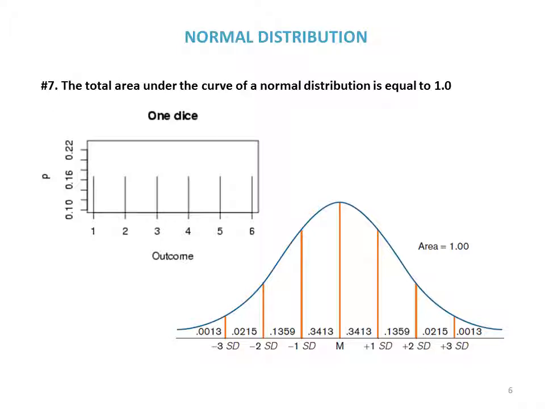So there are 6 outcomes when you roll a dice: 1 or 2 or 3 or 4 or 5 or 6. So the probability of each outcome is 1 out of 6, or 0.16. We add all these 0.16 up, and we get 1.